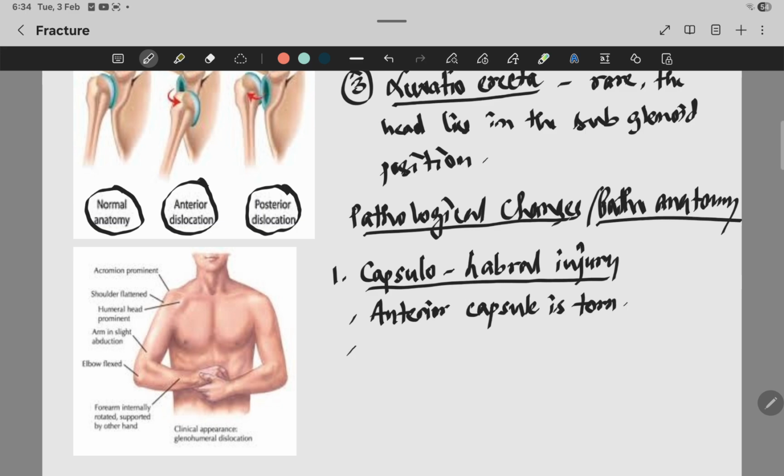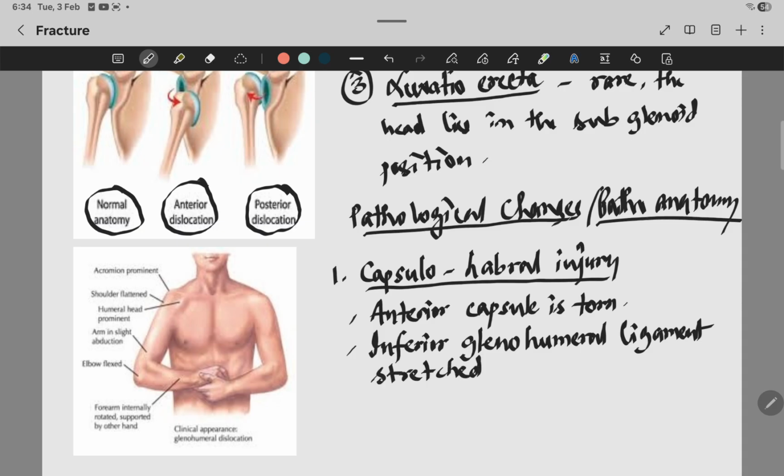Next, the inferior glenohumeral ligament is stressed or ruptured. Firstly, the anterior capsule is torn. Secondly, the inferior glenohumeral ligament is overstretched or ruptured.